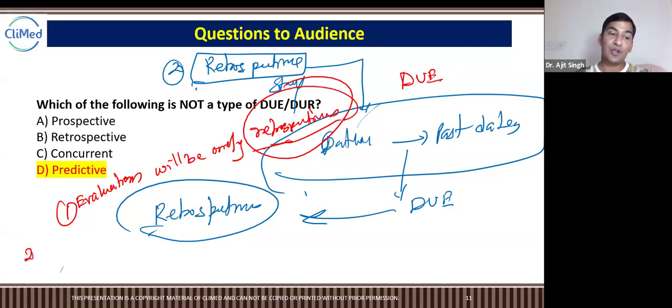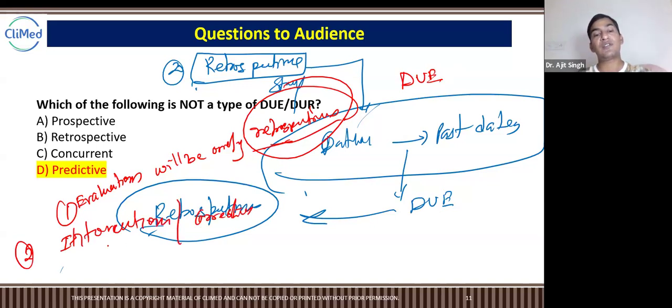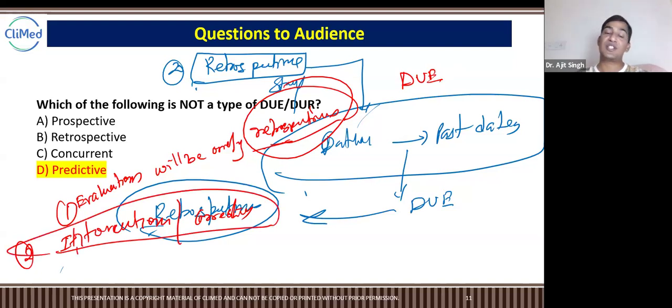Second, very importantly, there is also no room for intervention and correction in the prescriptions or in the dispensing or anything. When the patient was admitted in March, you can just evaluate the prescription, but you cannot go back and put in an intervention to correct that prescription.